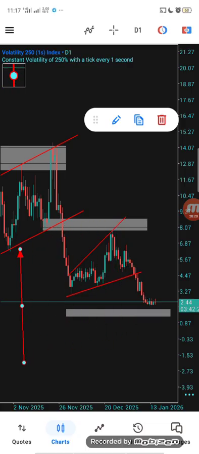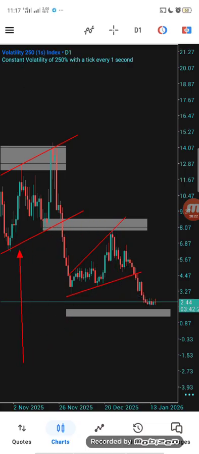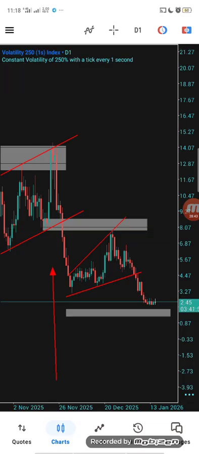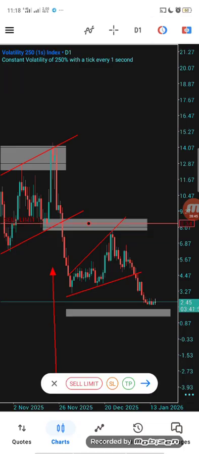Let me put the horizontal one so you can see. It came back to that point and touched it, leaving a wick that touched that supply and demand zone before going to the downside. Imagine if you put your sell limit. Let me show you. If you've seen the flag, put your sell limit around this region.